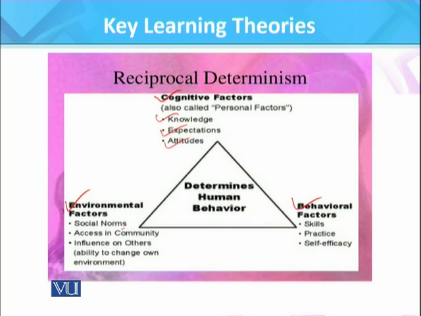Environmental factors are concerned with social norms, access in community, and influence on others, and behavioral factors are related to skills, practice, and self-efficacy. In reciprocal determinism, personal influences, environmental factors, and behavior itself function as interacting rather than autonomous determinants.